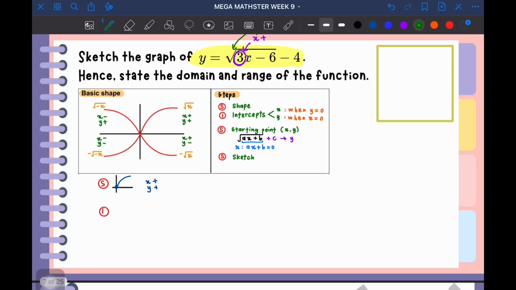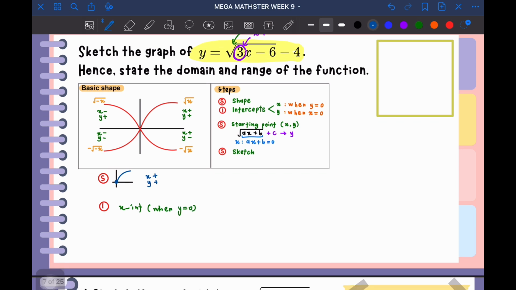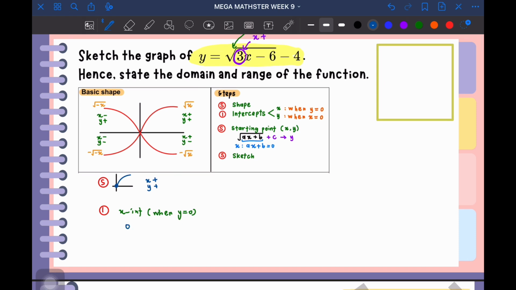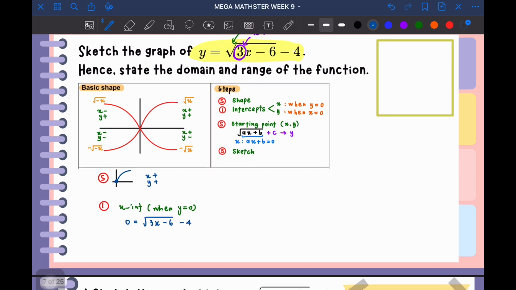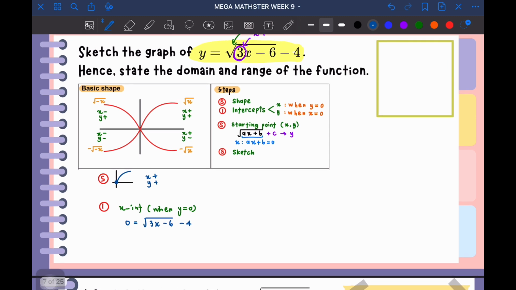And then the second step is for intercept. So for x-intercept first, x-intercept is when y is equal to 0. Right, so we will have 0 is equal to square root of 3x minus 6, minus 4. Okay, and then I will bring the 4 to the left.